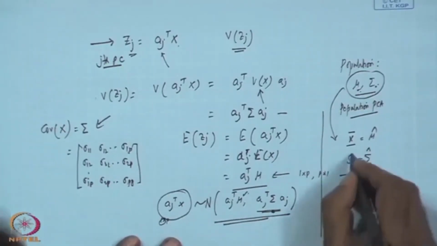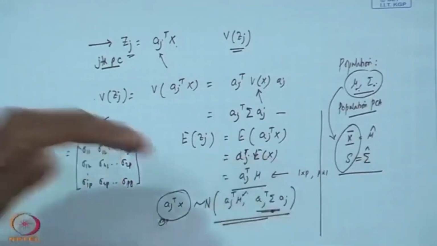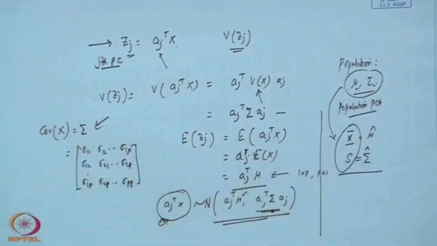So, when we use S, actually here we will be playing with the covariance matrix. If you use capital S, which is the sample covariance matrix, then your principal component analysis will be known as sample principal component analysis.